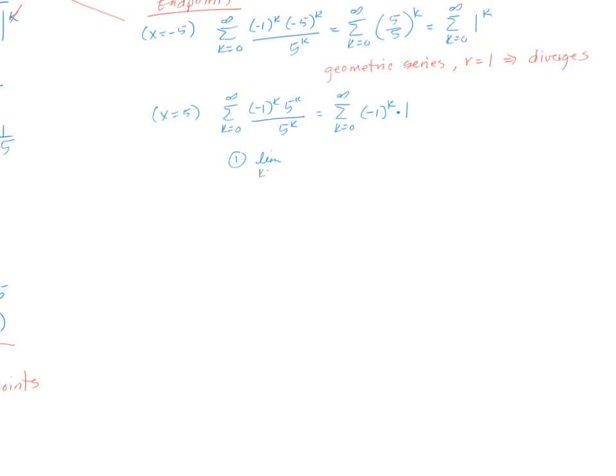So if I take the limit as k goes to infinity of, remember we're ignoring the -1, we're just taking the limit of our a sub k, which in this case is 1. So when I take the limit as k goes to infinity of 1, the limit is 1. And since it's not equal to 0, I can say that this diverges by the divergence test.